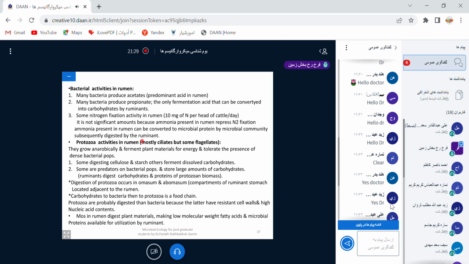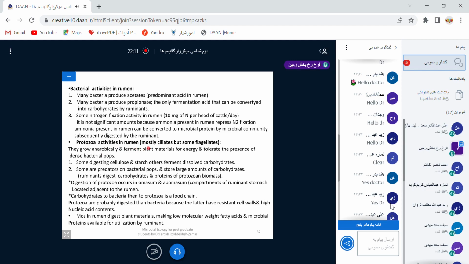And on proteins, ammonia produced is absorbed by protozoa for their protein synthesis, and again ruminant can use protozoa as food and their proteins are absorbed. So mostly carbon source is absorbed by bacteria and mostly nitrogen source is absorbed by protozoa.